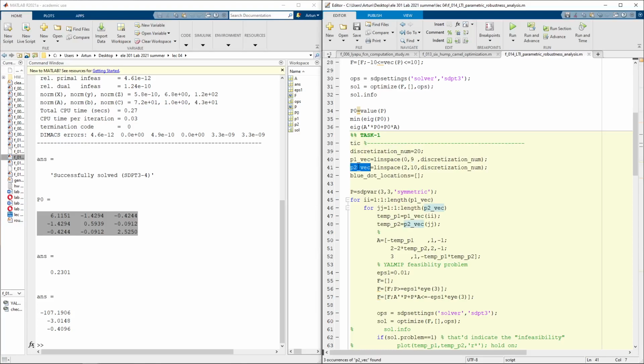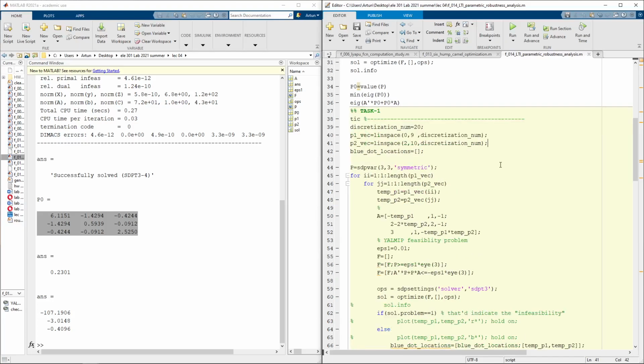Same for p2, as I mentioned already. And I call it blue dot locations. Blue dot locations will have p1 and p2 values such that the LTI system is stable.